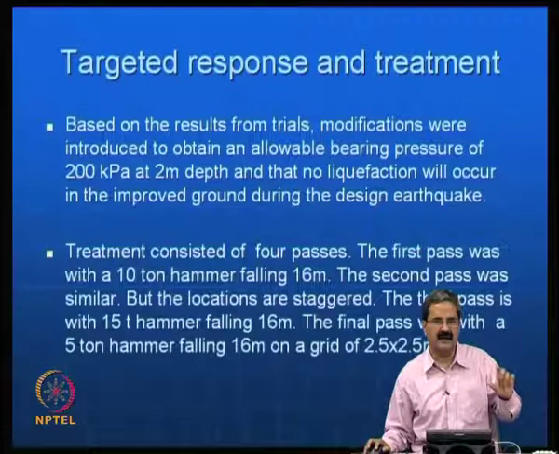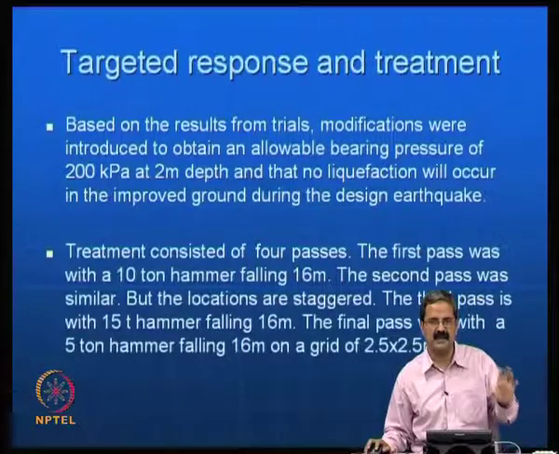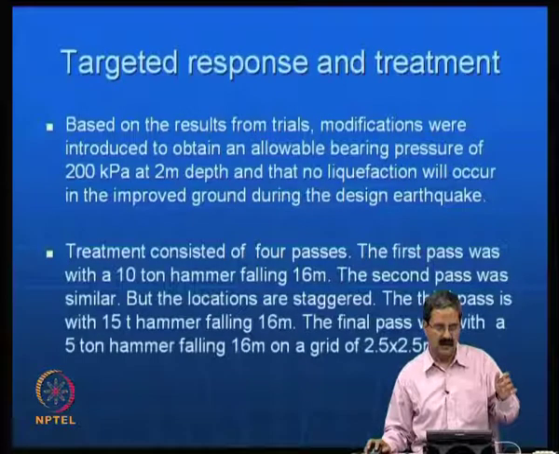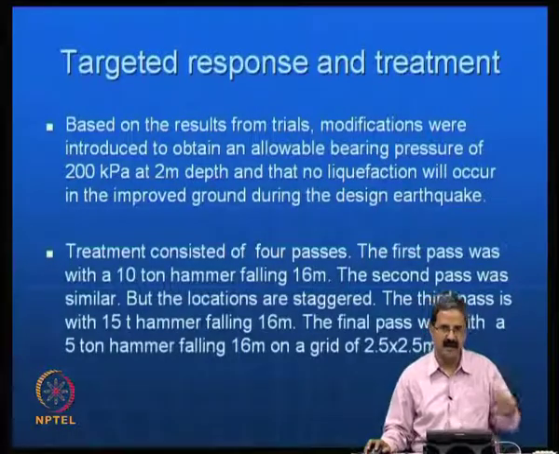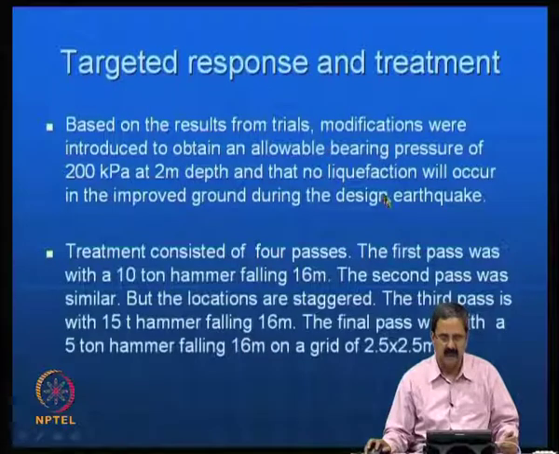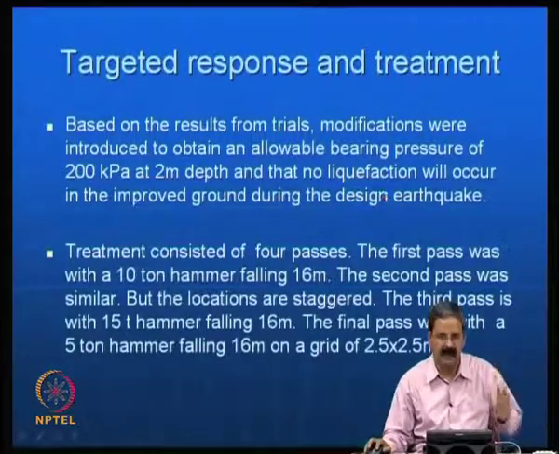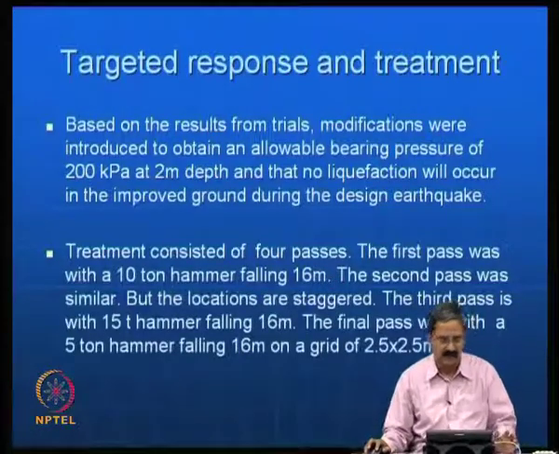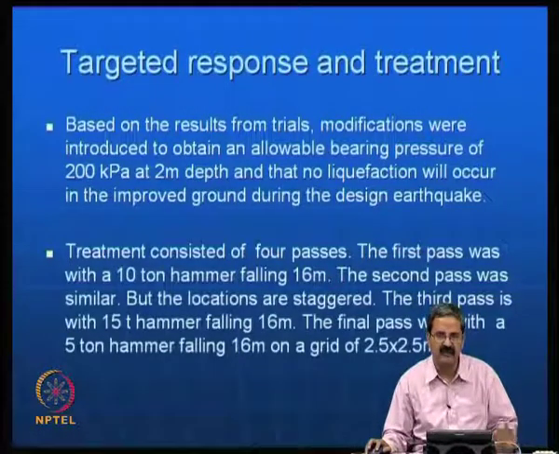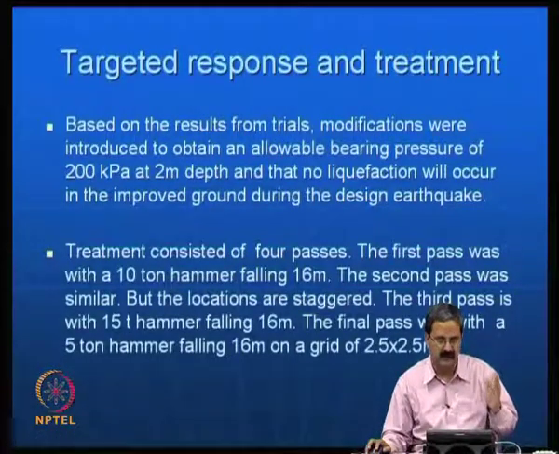One should get the correct design SPT value and correct it for the energy, like 0.65 or 65% efficiency, and there is a criterion for what the actual field number should be, that you should achieve with your equipment. For example, if it is 25 as an SPT value, then all along the profile the SPT value should be more than 25 or 20, whatever.